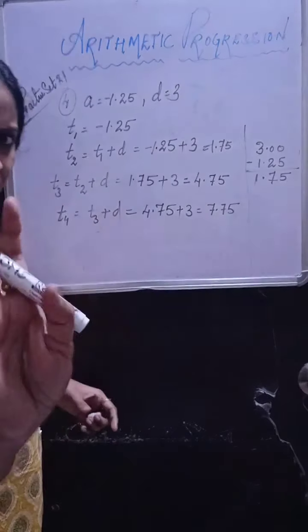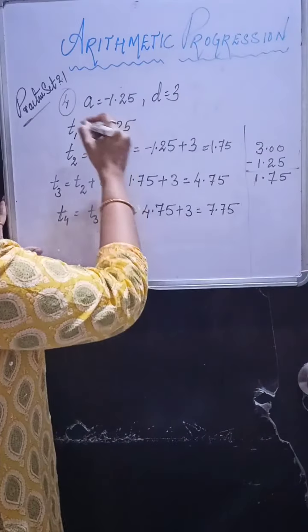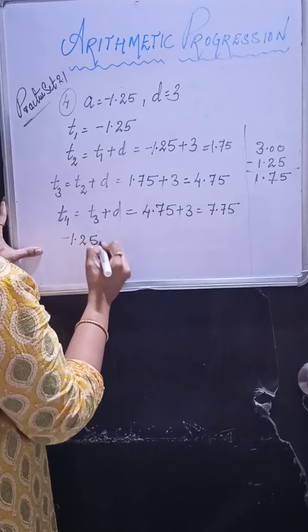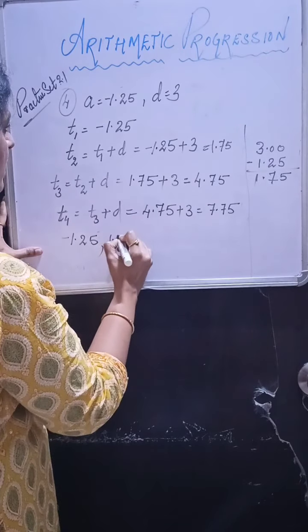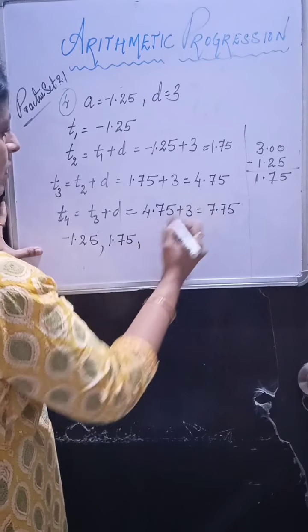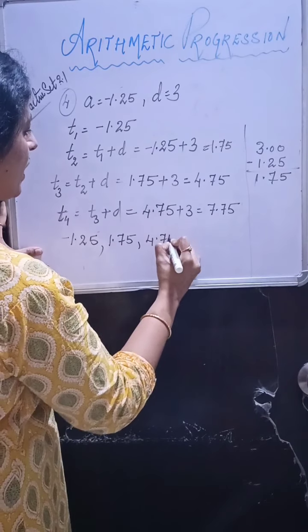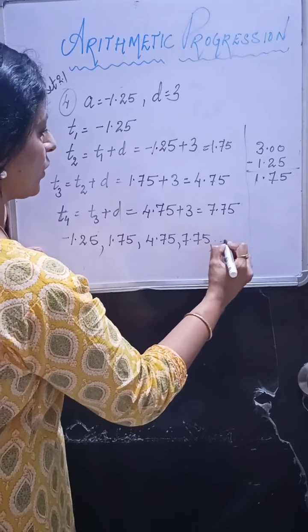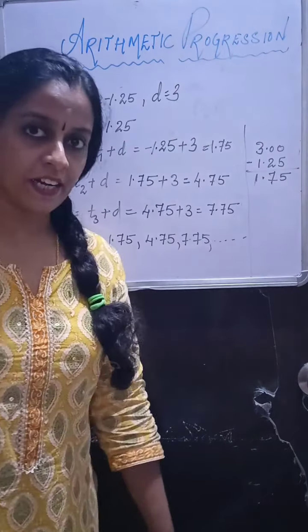So we got 4 numbers, that is enough. The series is minus 1.25, comma, 1.75, comma, 4.75, comma, 7.75, comma, dot, dot, dot is the required AP.